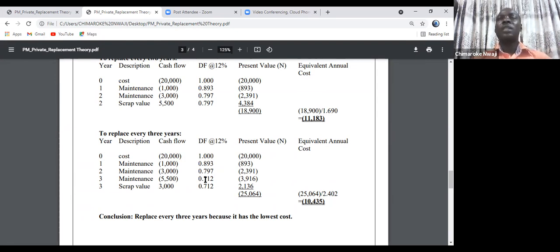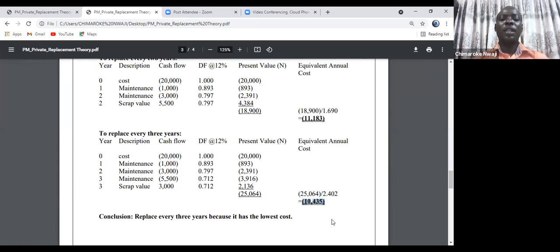Because we want to see what is the equivalent that we'll be using for each year. So it turns out that the equivalent annual cost gives us 10,435. And now that is the least cost for the whole 3 years, for the whole 3 policies. So conclusion, we should replace every 3 years because it has the lowest cost.